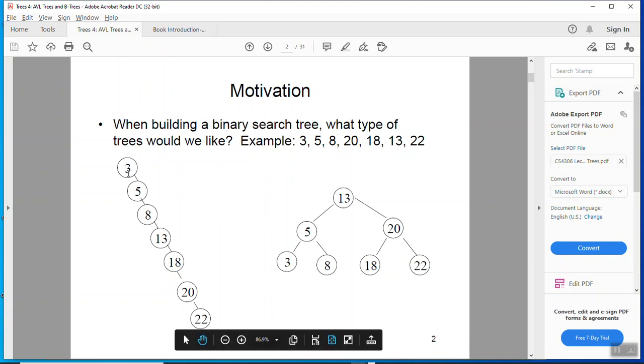For instance, in the left tree, if we want to search for 22, what will happen? We will start from the beginning and search all elements one by one, so that searching is linear. But in the right tree, if we search for 22, we check with 13. 22 is greater than 13, so we go to the right side, and 22 is greater than 20, so we go right again.